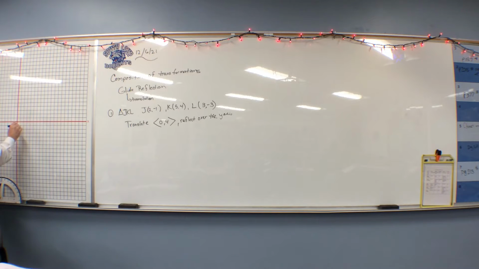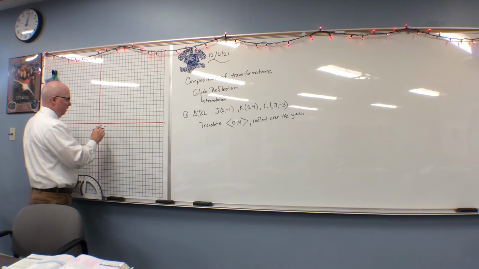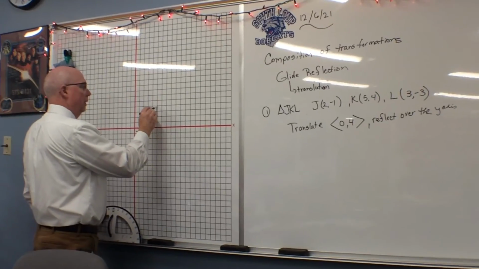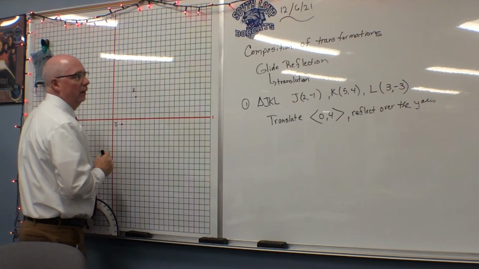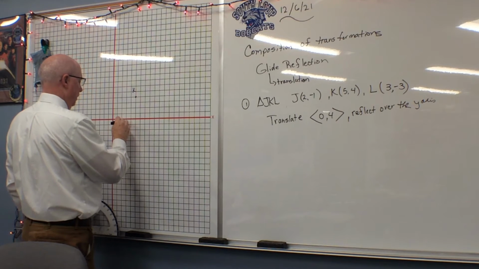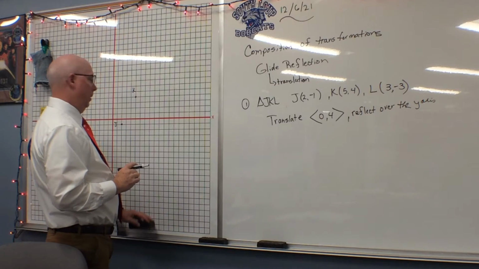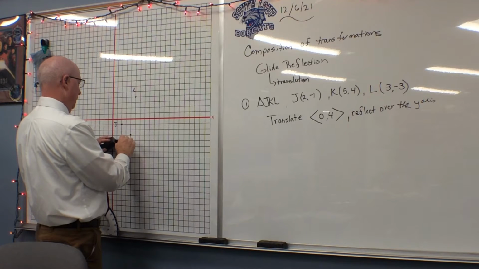So, let's go ahead and get our triangle. J is 2 and -1, so J is right here. Okay. K is 5, 4. And L is 3, -3. Can we change L to be 4 and -3?